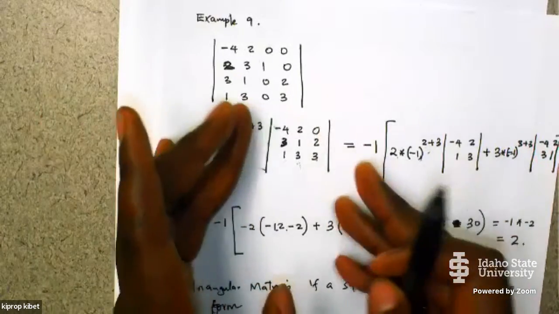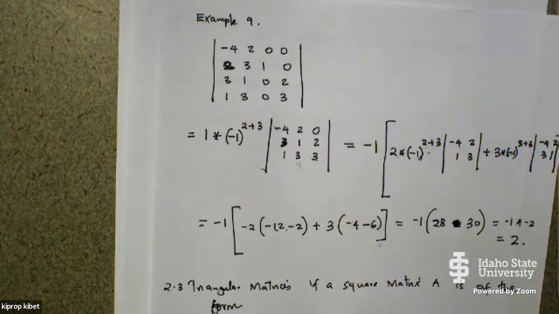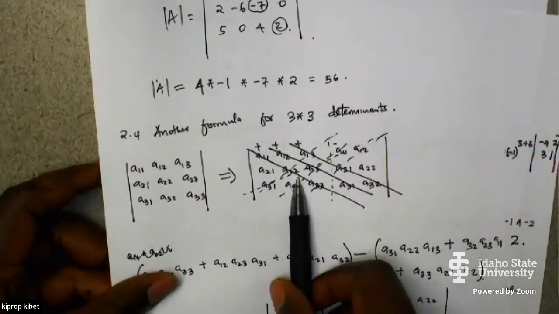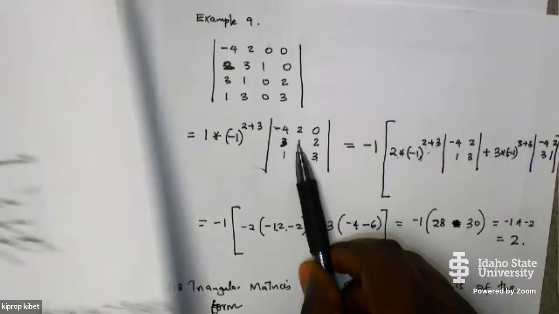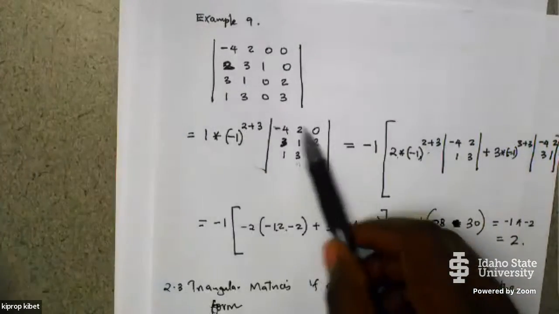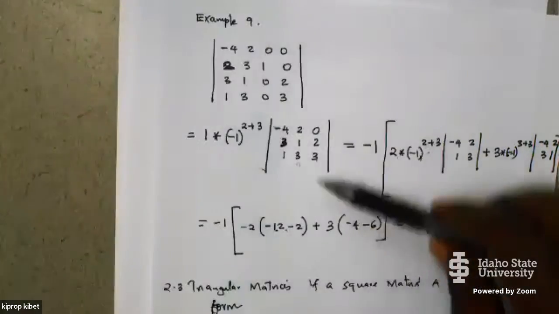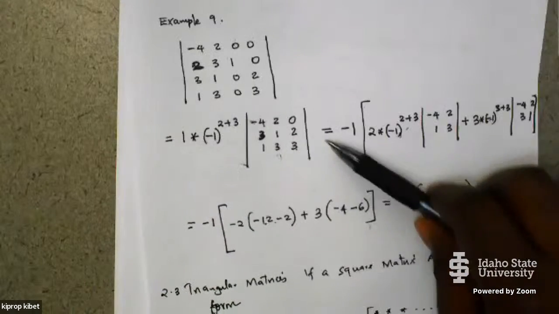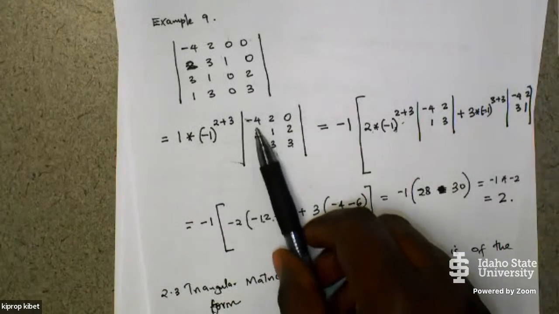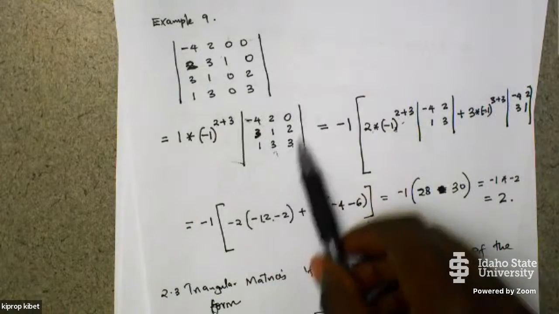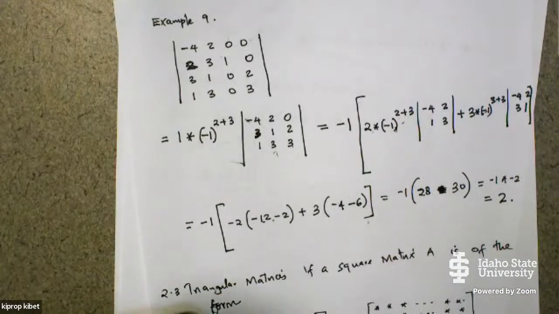So if you use that formula, the last thing that we've just done here, then you can come and use this here, so long as you get a third one. So you can come and add the first two columns here, and then you get a determinant easily. Okay, thank you.